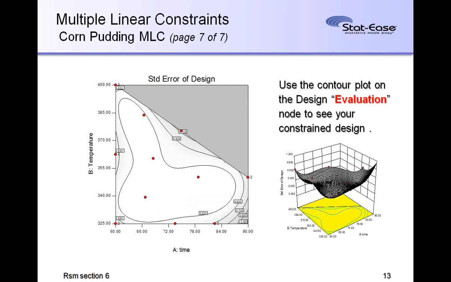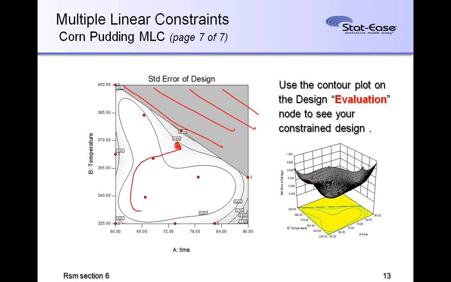You allow the design to be built, and this is what your design space is going to look like. This is just an example, so I'm just going to show you that quickly. We are avoiding all of this gray region, and our design points, those red points, were picked throughout this white region. That's our design space. Now, if we had the CCD design, we would have had a bunch of center points like up here in the middle.